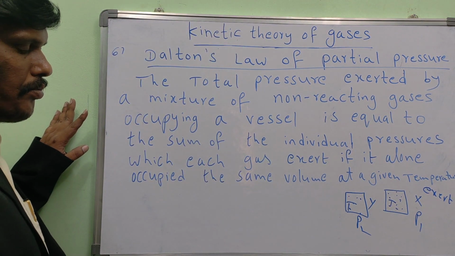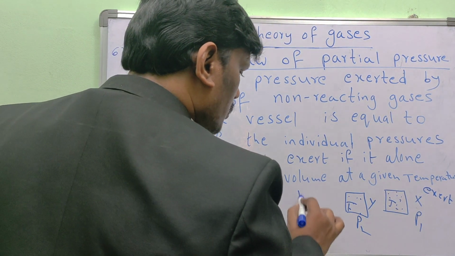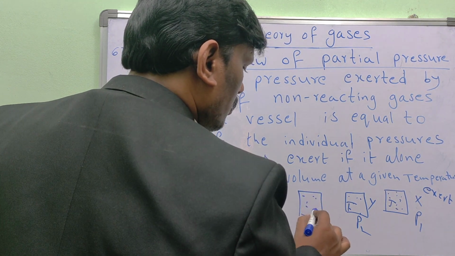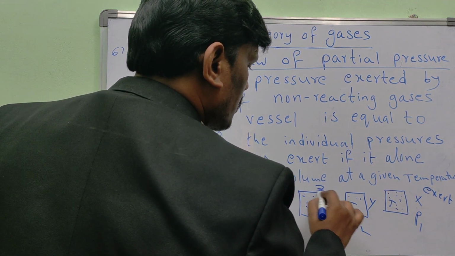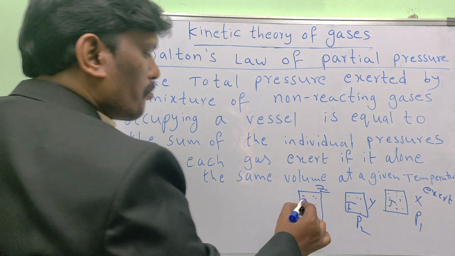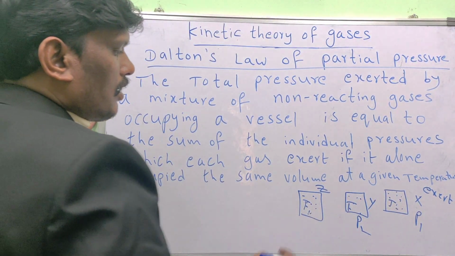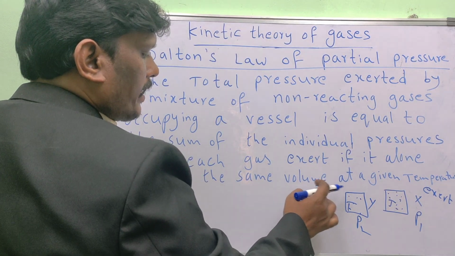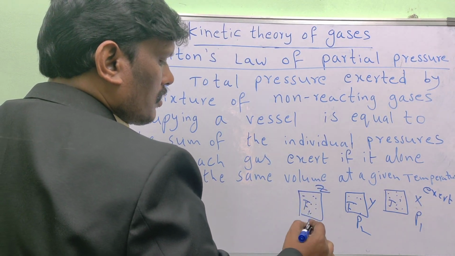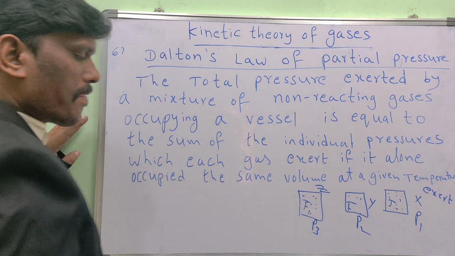If I consider another gas Z, maintaining the same temperature at each and every place, the pressure exerted by gas Z on the vessel walls is P3.